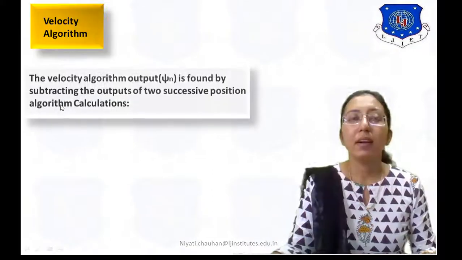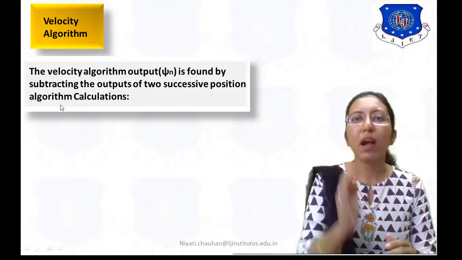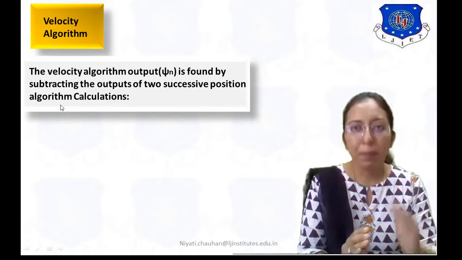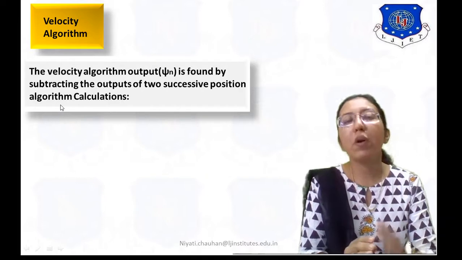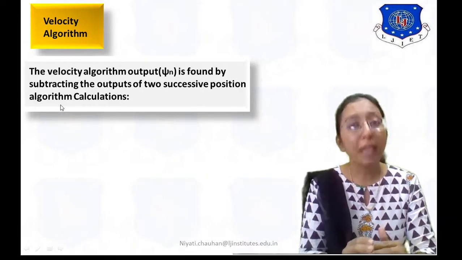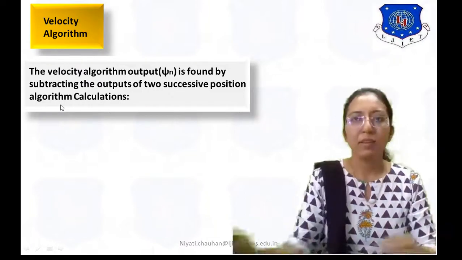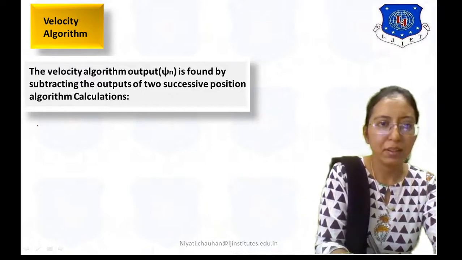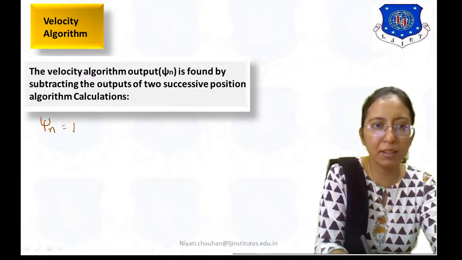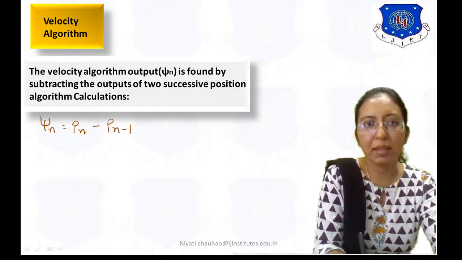In the velocity algorithm, the output psi n is found by subtracting the outputs of two successive position algorithm calculations. So now we are doing the calculation. Here psi n is equal to Pn minus Pn minus 1.